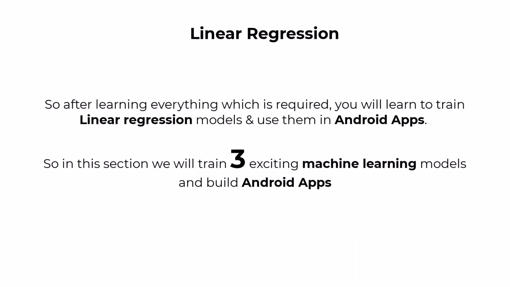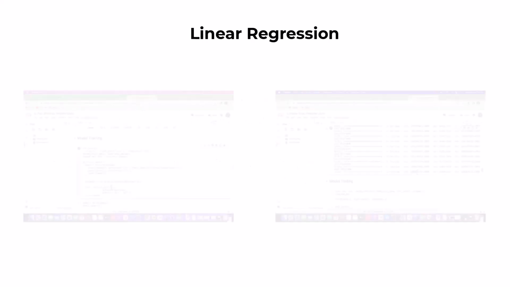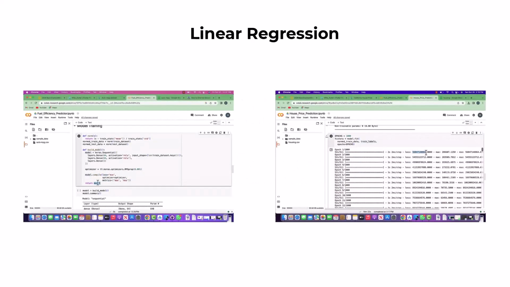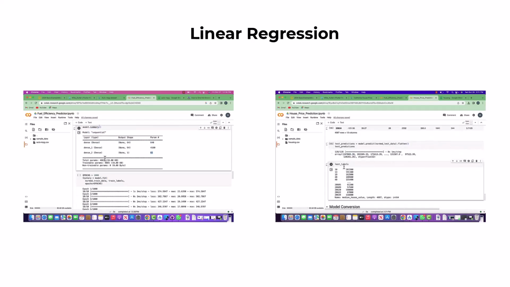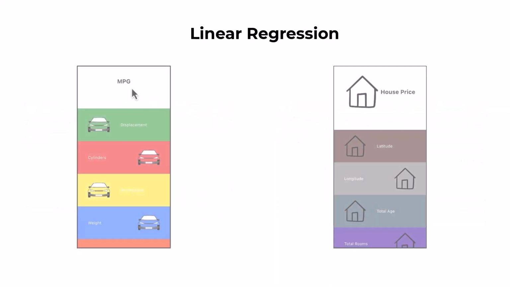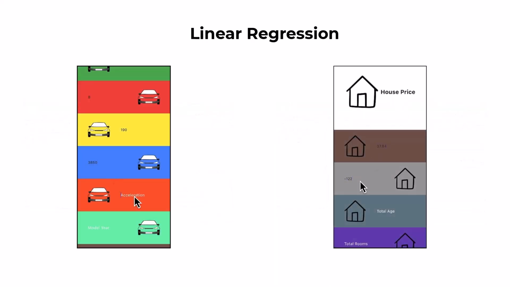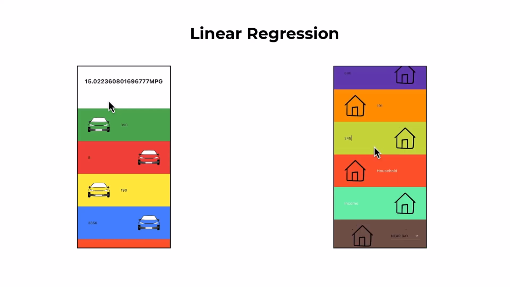So after learning everything which is required, you will learn to train linear regression models and use them inside Android applications. So in this section, we are going to train 3 different machine learning models and build exciting applications like a fuel efficiency predictor and a house price prediction application.